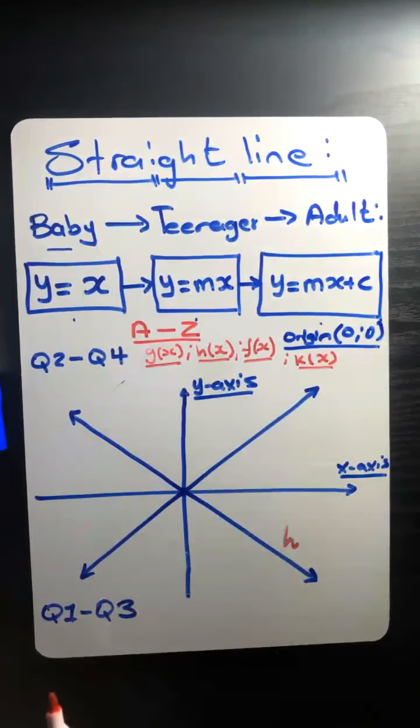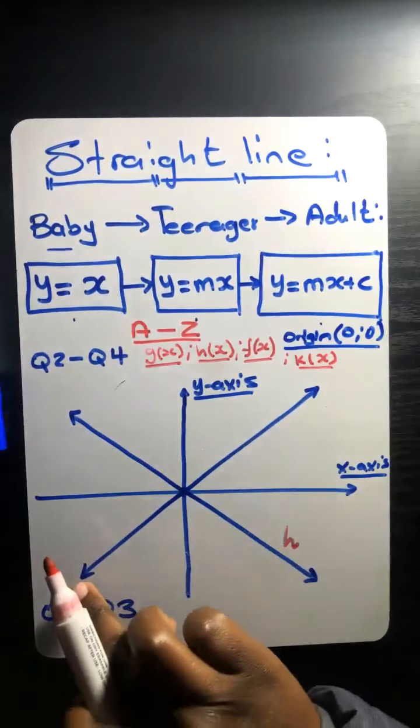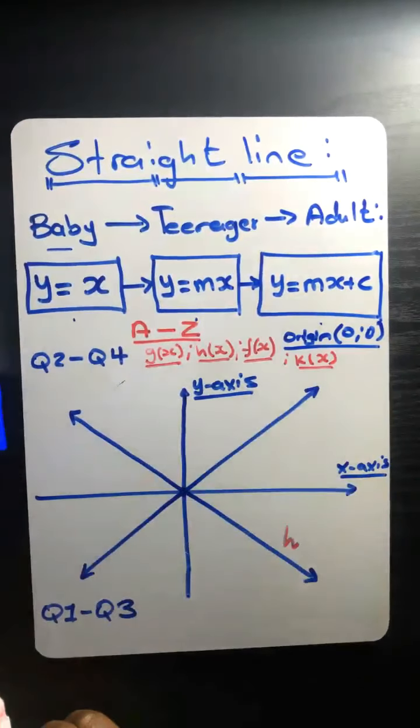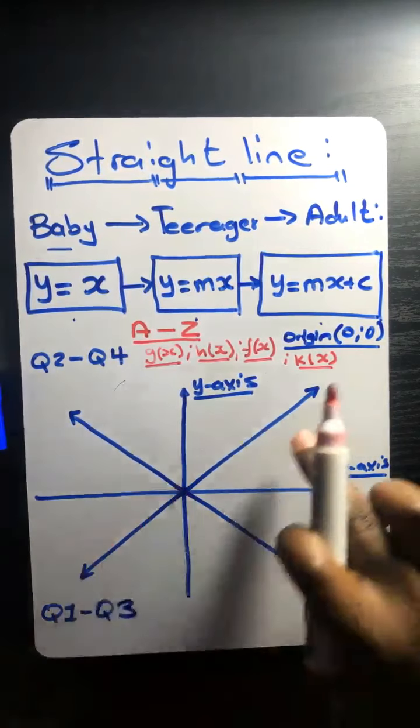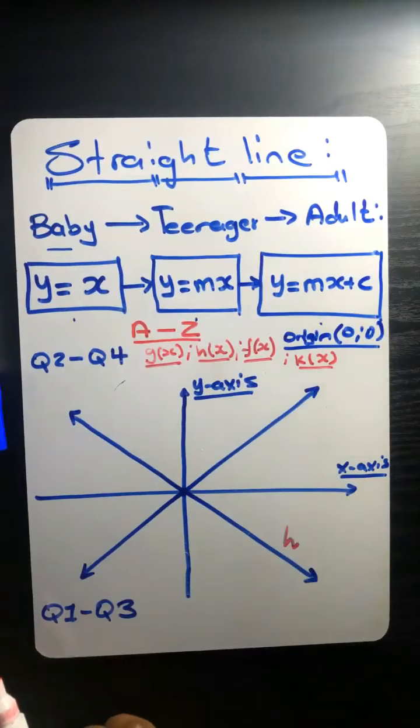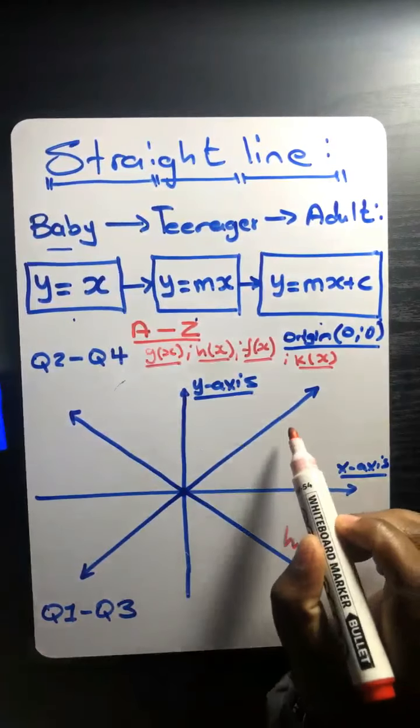Now, let's give that one a name and say this is Catuchero. So that straight line, we name it Catuchero.